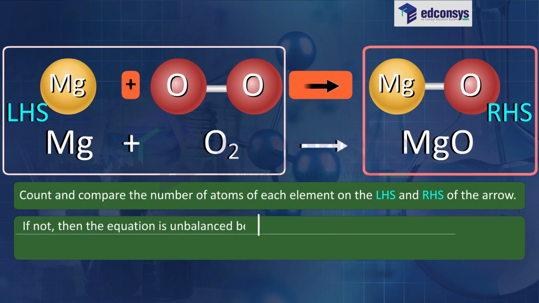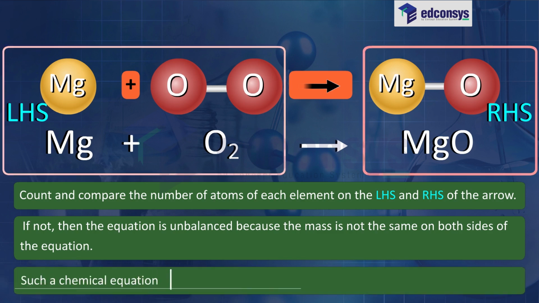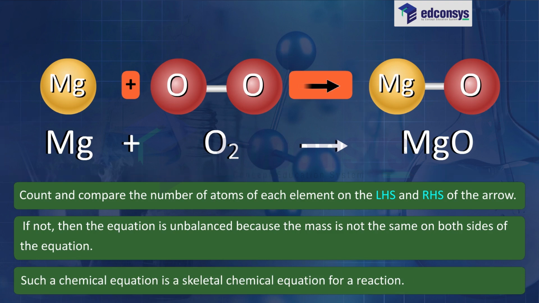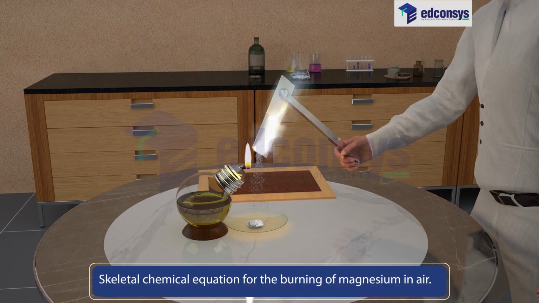If not, then the equation is unbalanced because the mass is not the same on both sides of the equation. Such a chemical equation is a skeletal chemical equation for a reaction. The equation Mg plus O2 gives MgO is a skeletal chemical equation for the burning of magnesium in air.